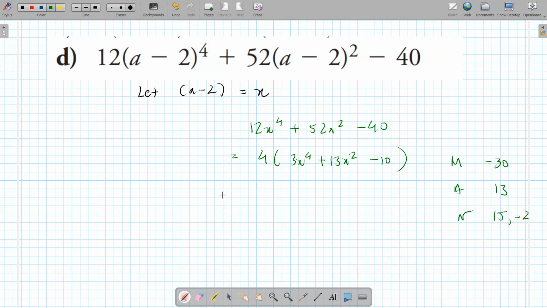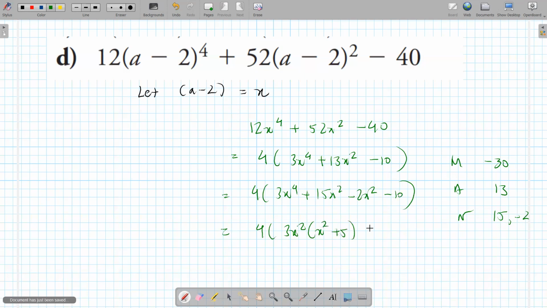So 4 times 3x^4 plus 15x^2 minus 2x^2 minus 10. From the first two, we can pull out a 3x^2, and we'll be left with x^2 plus 5. What can we pull out from the next two? Negative 2.